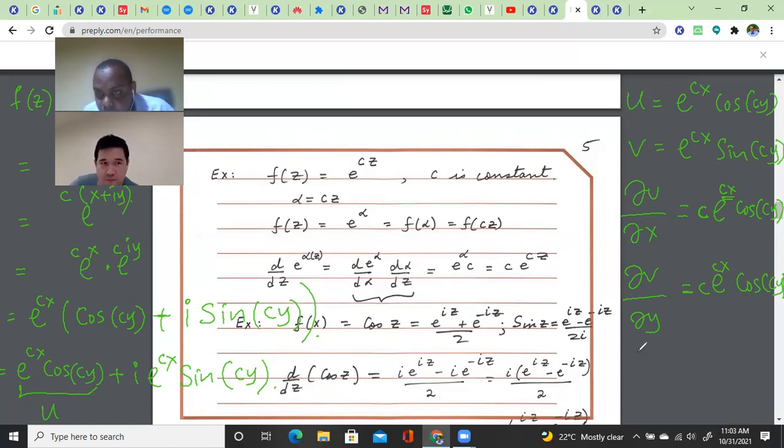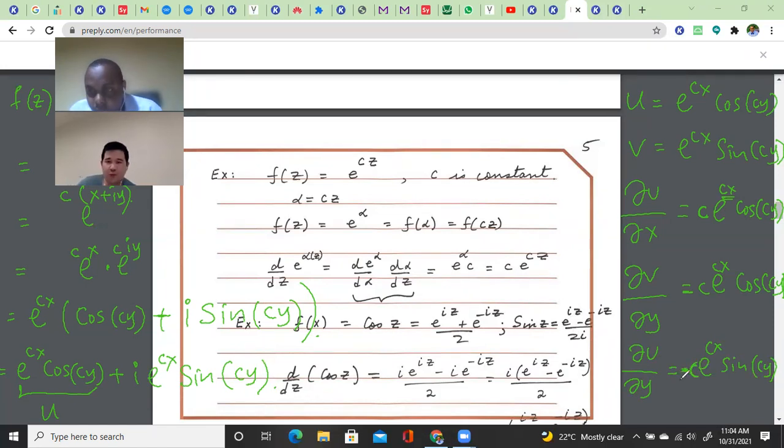It's not equal. You did du/dy. du/dy equals e^(cx) times negative sin(cy), and then it's going to be a negative c on the outside.